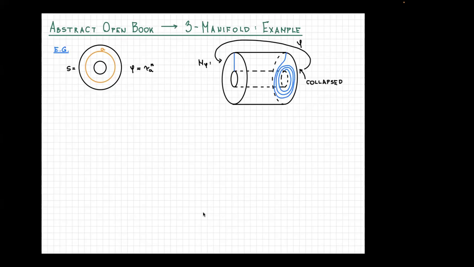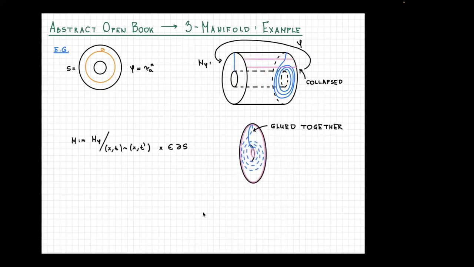Okay, and now I'm going to collapse every single circle here on the boundary and in the inner boundary as well into one circle on each. So there's going to be one circle here and one circle there. So this is the collapsed ones here and here. And now I have a solid torus, and I also know that this arc is glued to this arc, which I drew here.